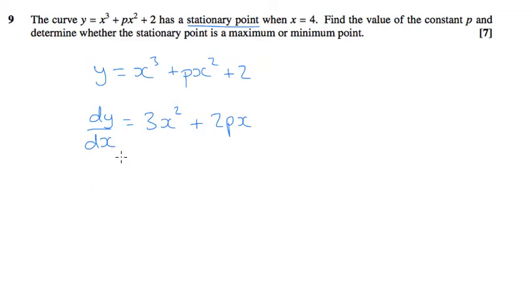So we know that when the x-coordinate is 4, the gradient is 0.